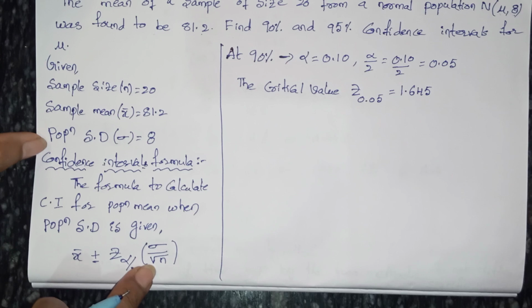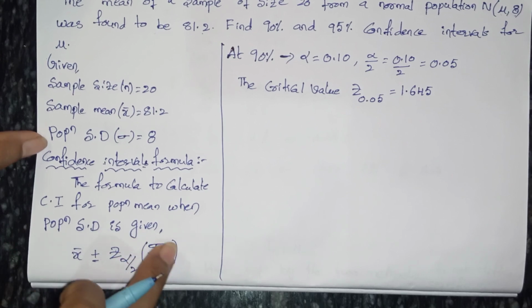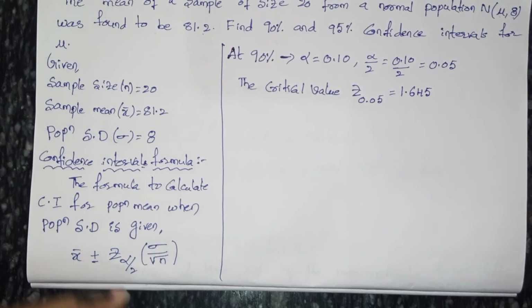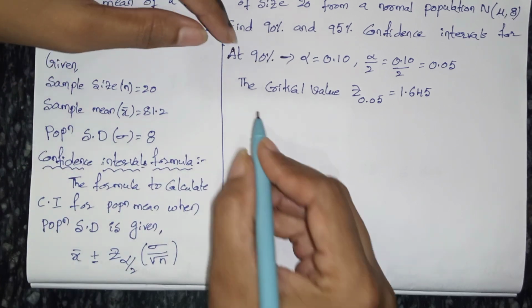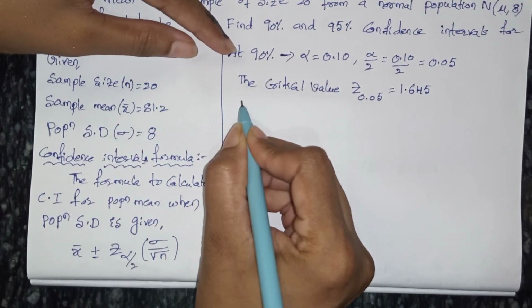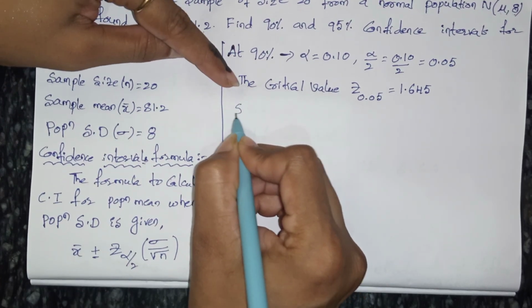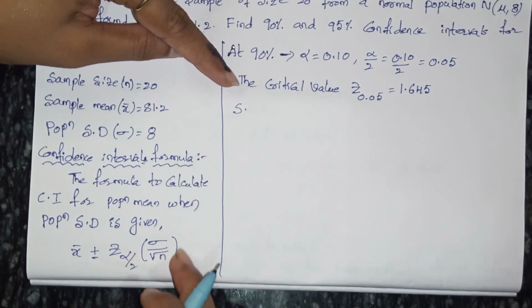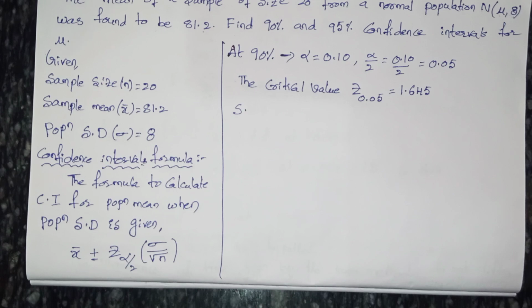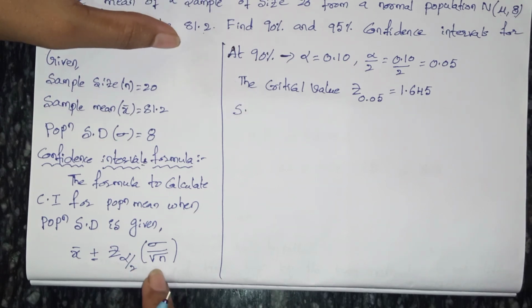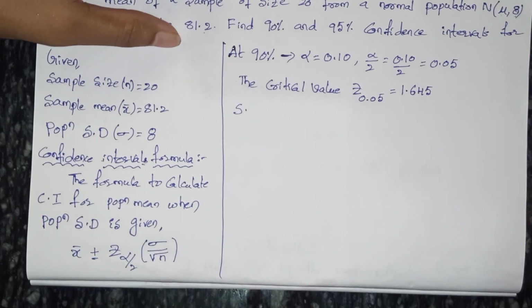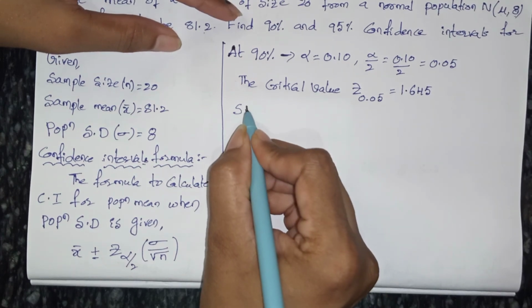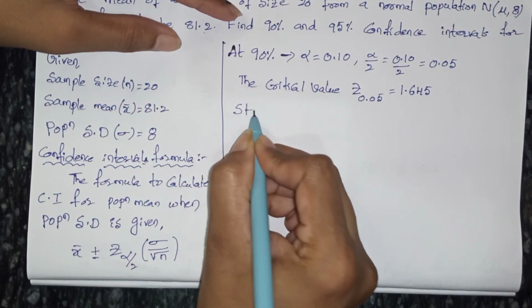Now we have to calculate sigma by root n. This is called the standard error. Standard error is in other forms like the standard deviation, but here root n is there, so that's why we call it the standard error.